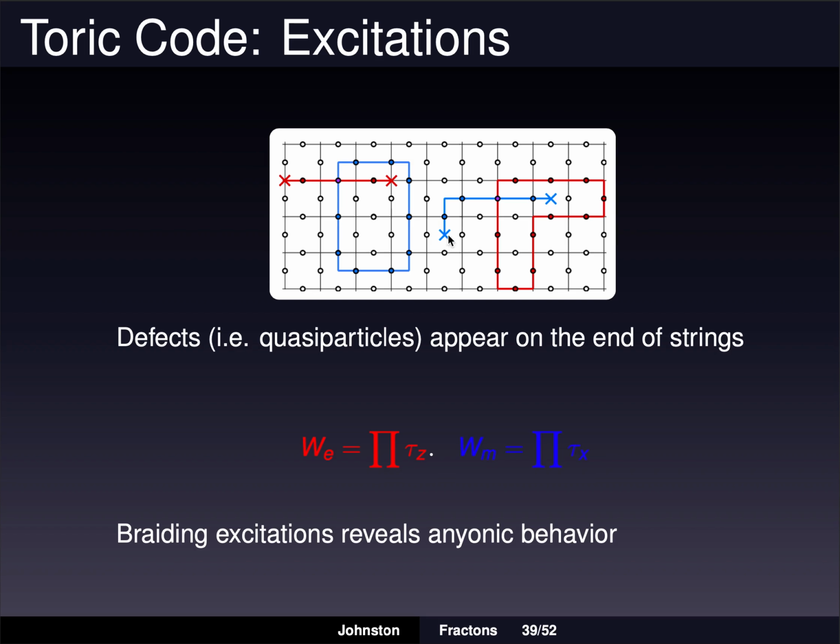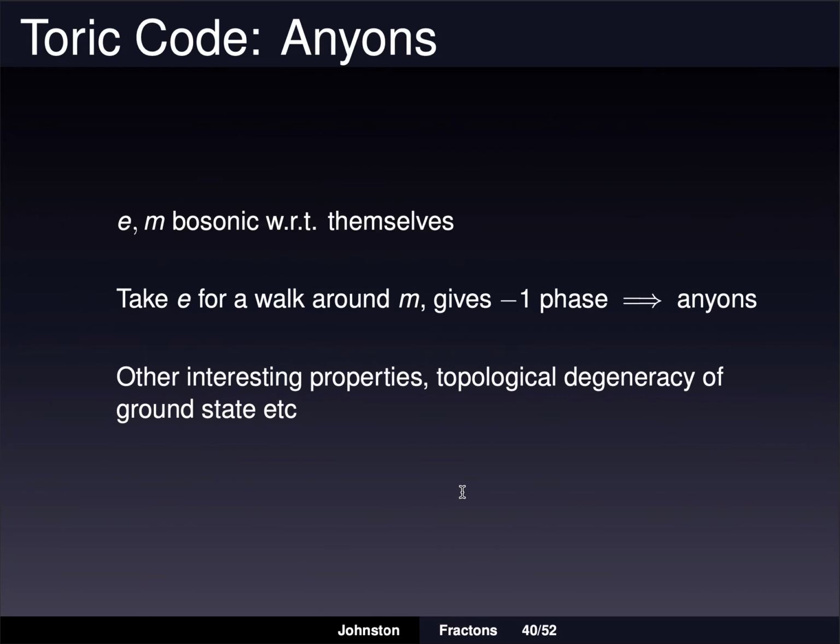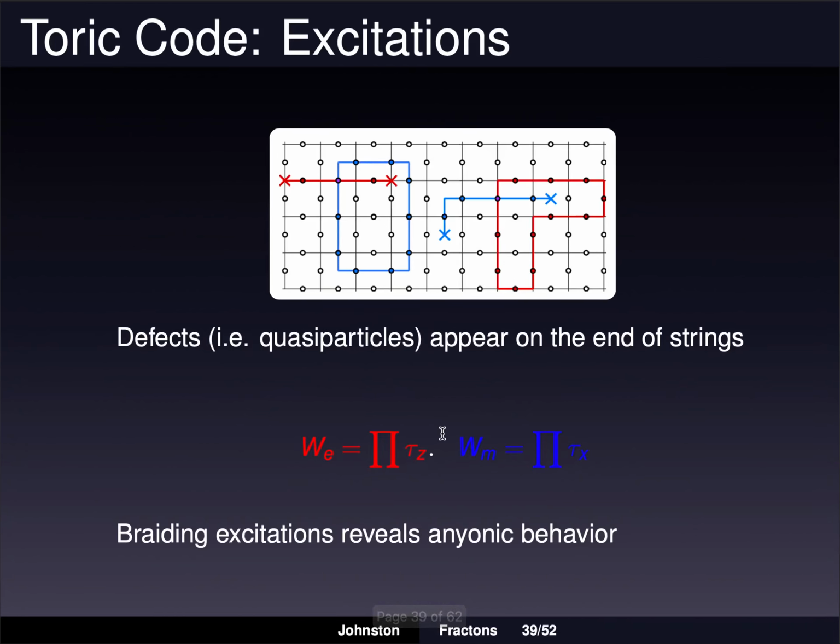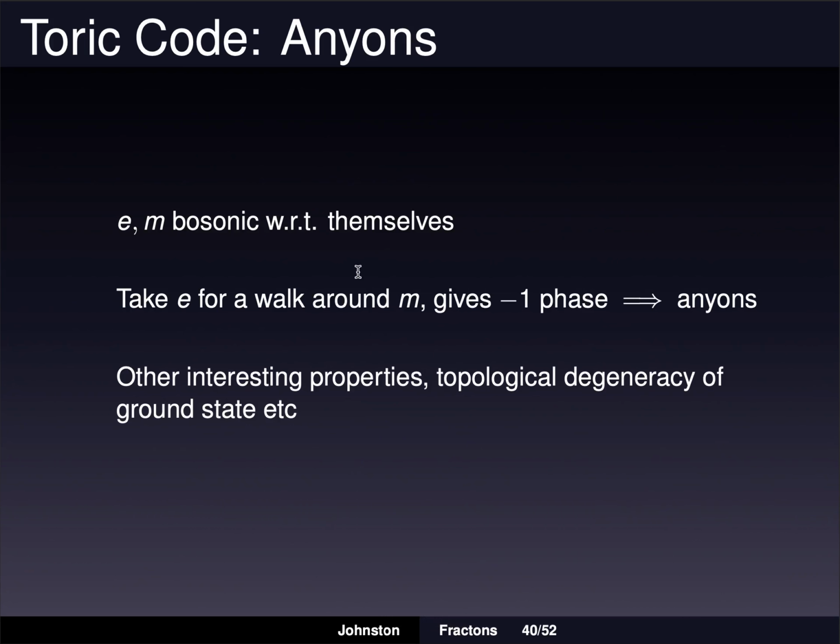And if you braid these excitations with the defects on the ends of lines of the different Pauli matrices around each other, you see that they've got anyonic behaviour with respect to each other. So if we call the electric excitation E and the magnetic excitation M, the E and the M are bosonic with respect to themselves, but if I take an E for a walk around an M, it gives a -1 phase, so they're anyonic.